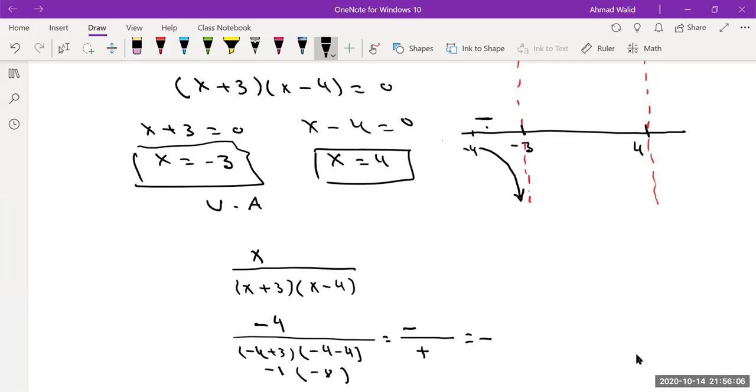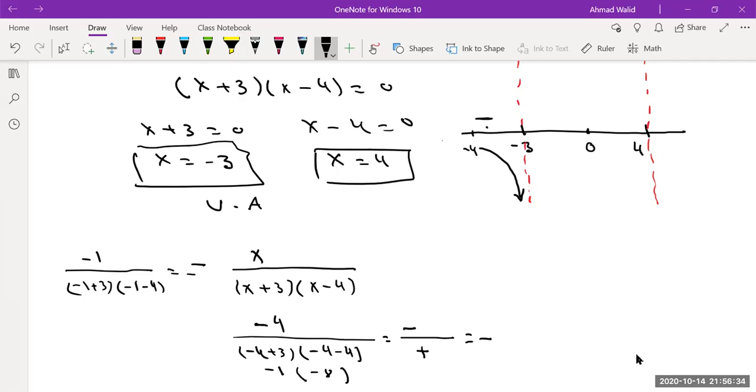Correct? Another critical point is 0, you see, because if you plug in 0, it becomes 0 over 0, correct? This is another critical point. Now, pick a number between 0 and negative 3, for example, negative 2 or negative 1. Let's plug in negative 1: negative 1 over (negative 1 plus 3) times (negative 1 minus 4).